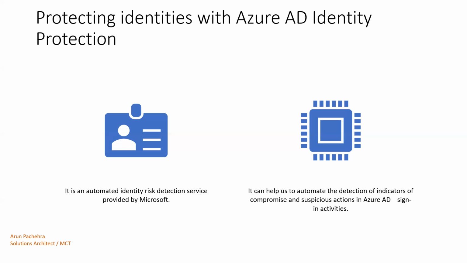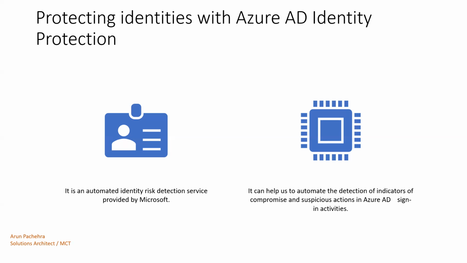The great thing about ID Protection is that it is not only about detection, but we can also investigate any risks that have been identified using its reports. Yes, it provides reports. If you remember, we talked about PHS, the password hash leaked credentials report that comes from here.